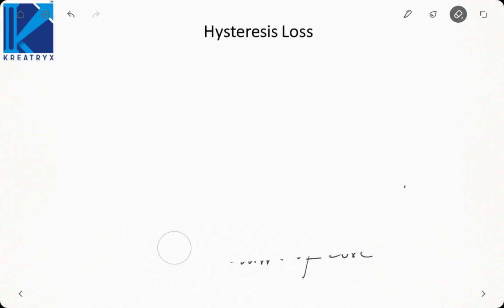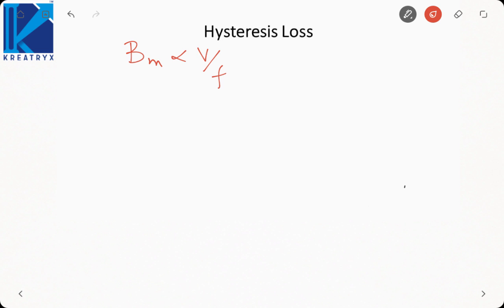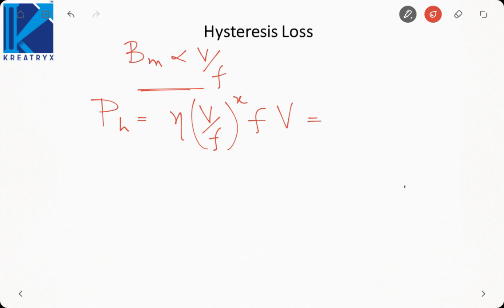Now, as we saw during the EMF equation, Bm is directly proportional to V by F. So hysteresis loss is equal to eta (V by F) raised to the power x into F into volume, which is eta V raised to the power x, F raised to the power 1 minus x, into volume. Okay, this will be the expression for the hysteresis loss.